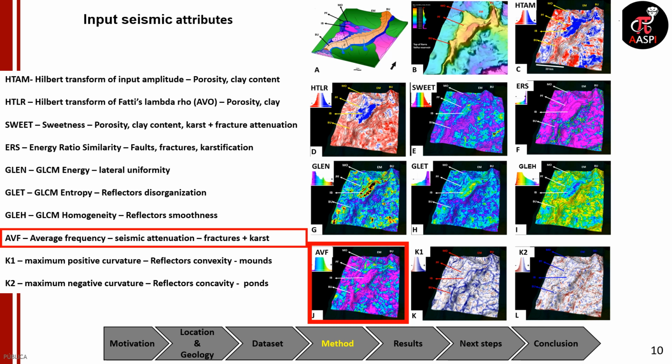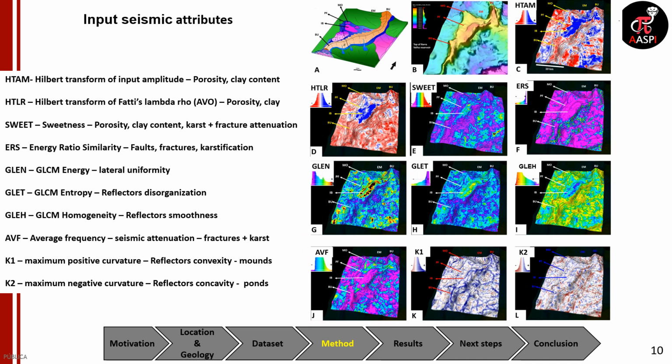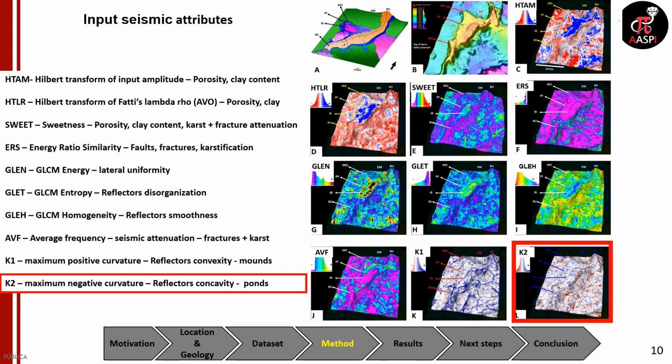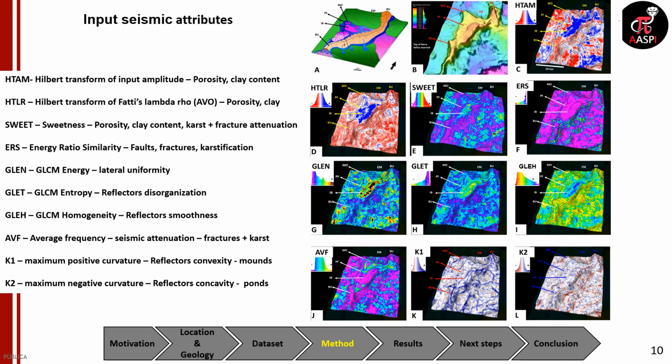And average frequency, seismic attenuation related to fractures plus classification, and K1, maximum positive curvature related to convex mounds, and K2, maximum negative curvature, measures reflector concavity. It's good to map the concave ponds.